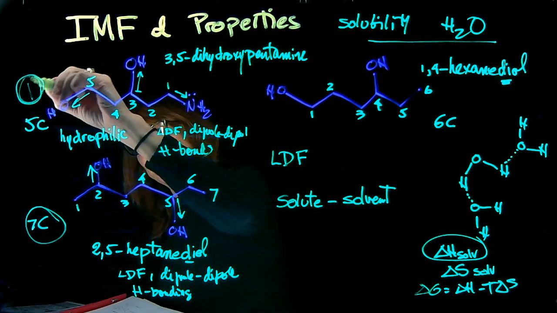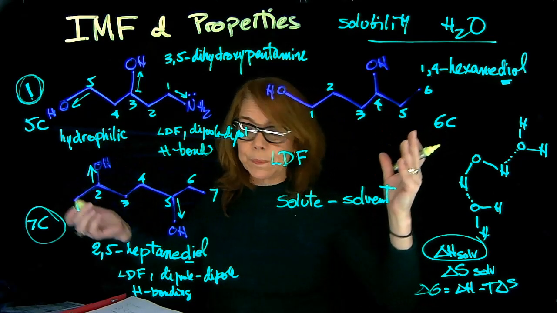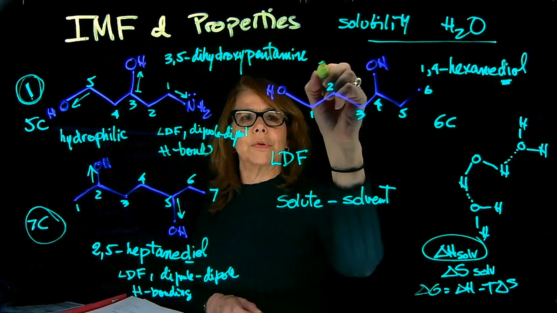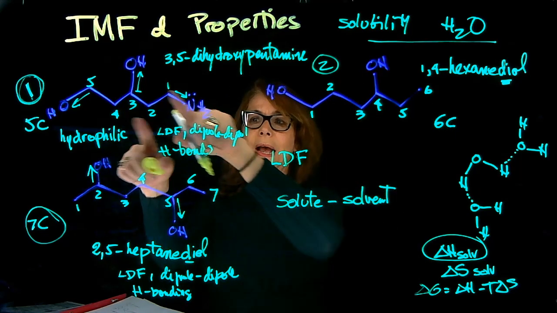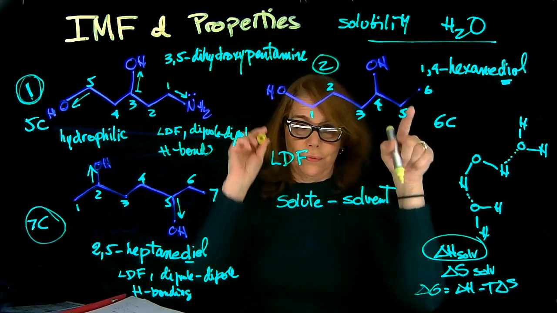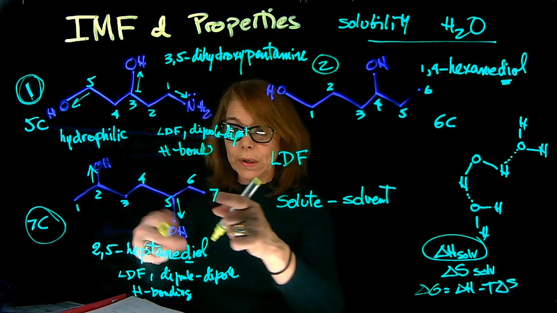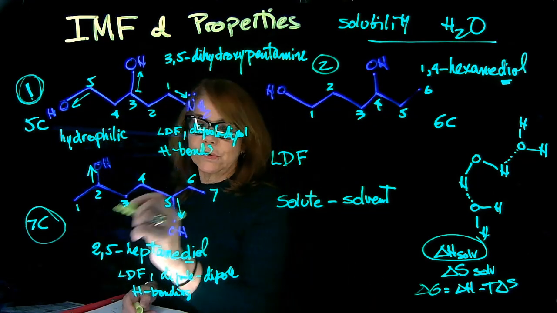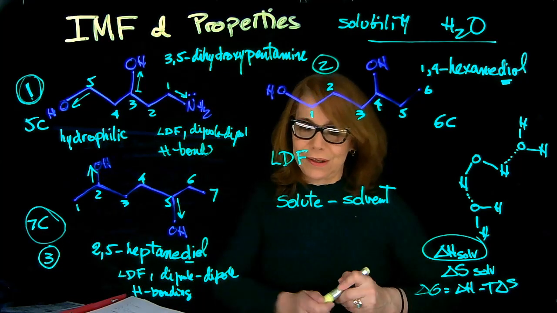I'm going to give it number 1: fewer carbons, more hydrophilic groups. And this one follows, so I'm going to say number 2. This is 6 carbons, and here I had 3 polar groups, here I have 2. And this is the least soluble in water because I have more carbons. Here's 6, here's 7, with 2 polar groups. So that will be the least soluble of the 3 molecules.